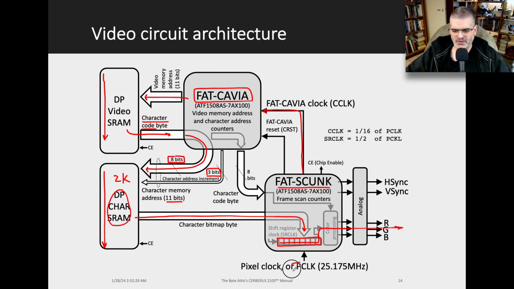So the pixel clock has to be at least 8 times the speed at which Cavia is reading out bytes from character memory. I'll come back to this in a moment.